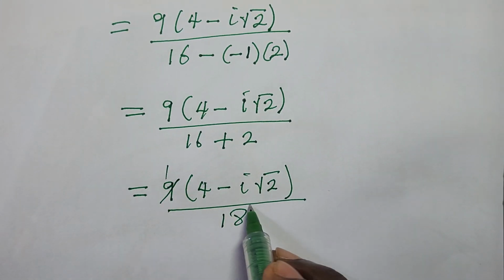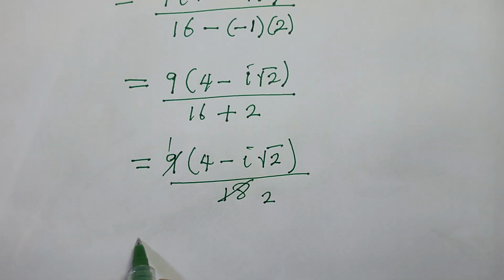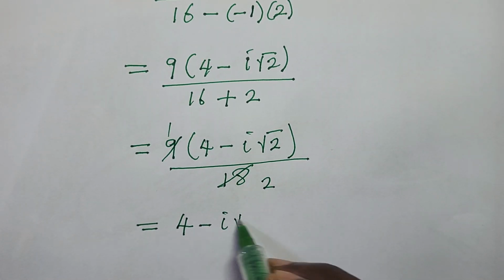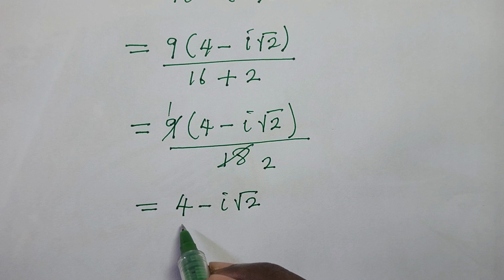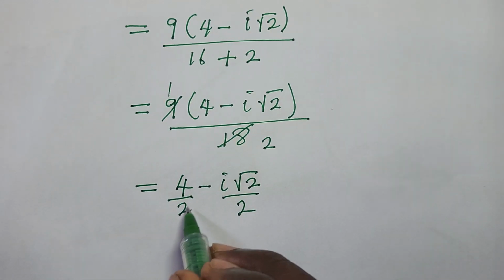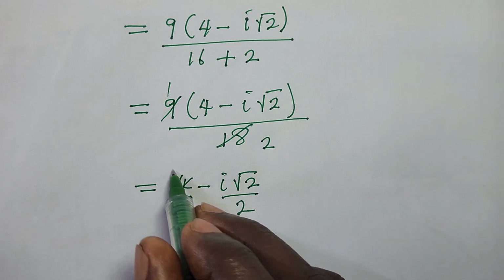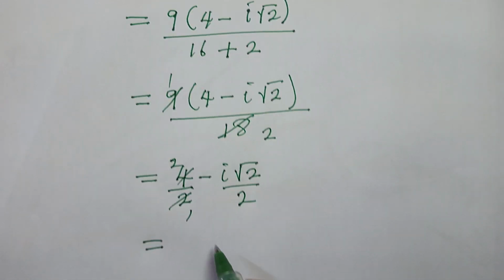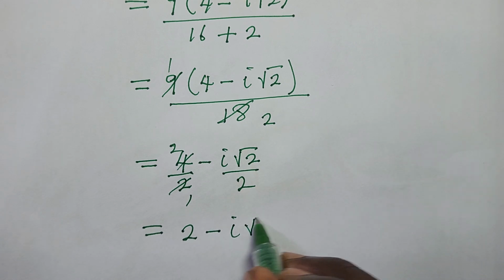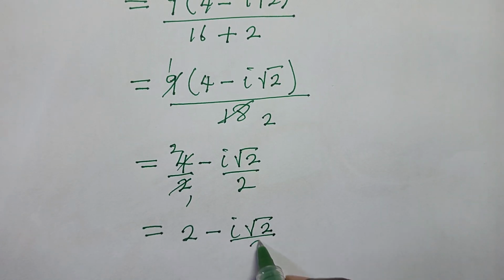Then 9 here, 1, 9 here will give us 2. So this will end up giving us 4 minus i into root 2. Then we can write this as separate. So this one here we have 2. So we now have this to be 2 minus i root 2 all over 2.